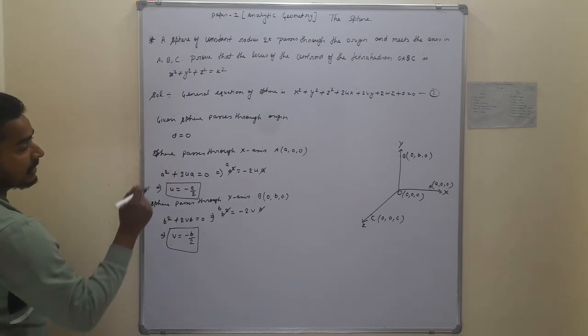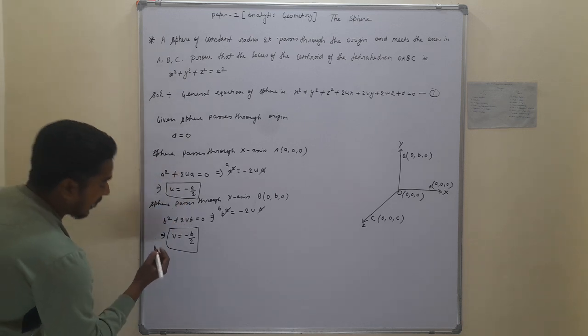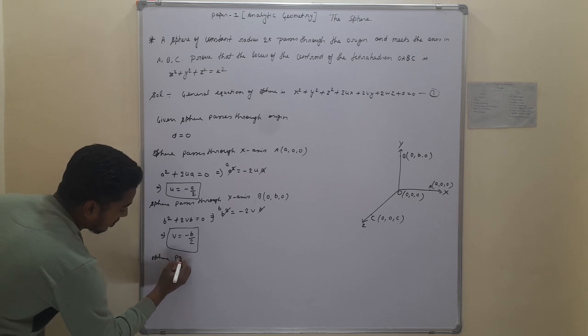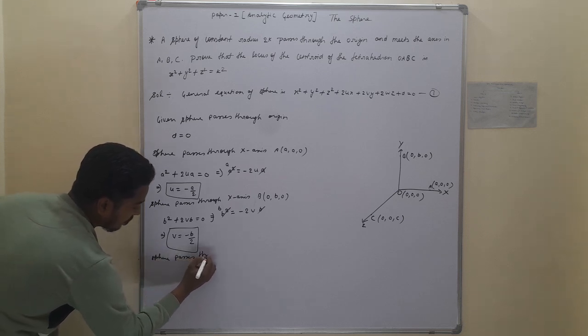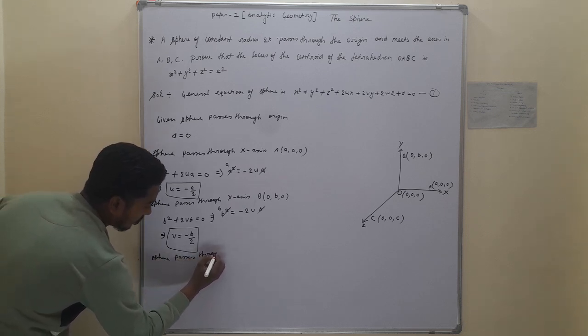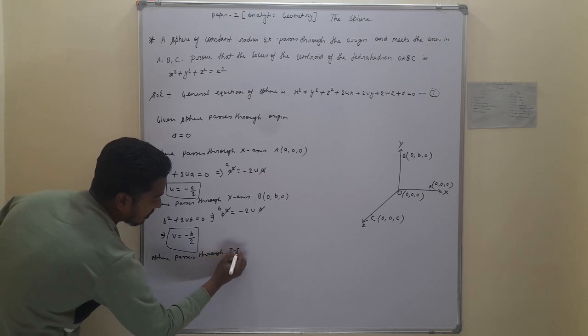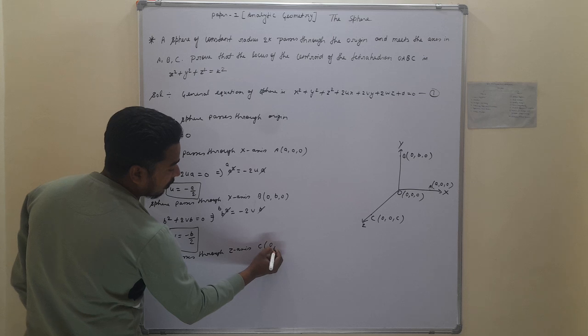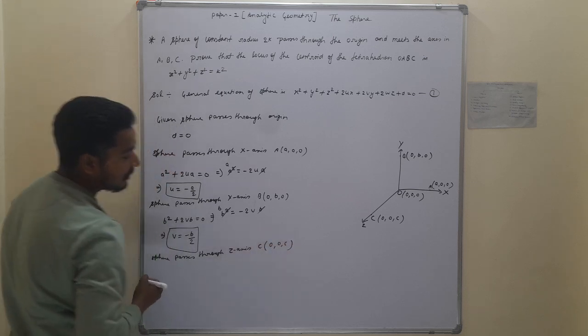And the given sphere passes through the z axis, and the coordinates on the z axis are 0, 0, c.